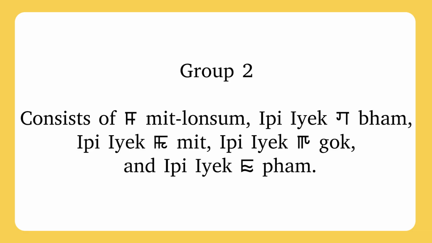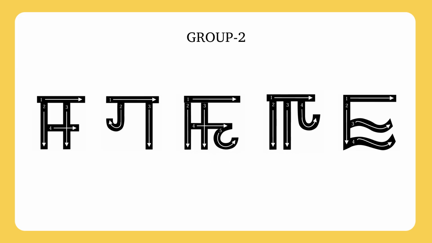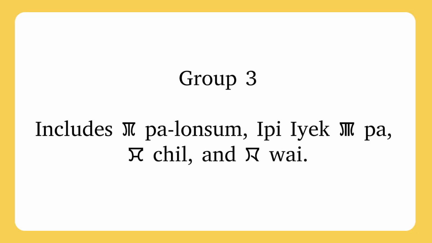Group 2 consists of Mit Lonsum, Eepee Bham, Eepee Mit, Eepee Gok, Eepee Pham. Group 3 includes Pa Lonsum, Eepee Pa, Sil, and Yang.